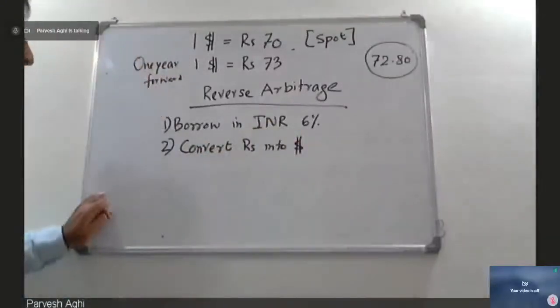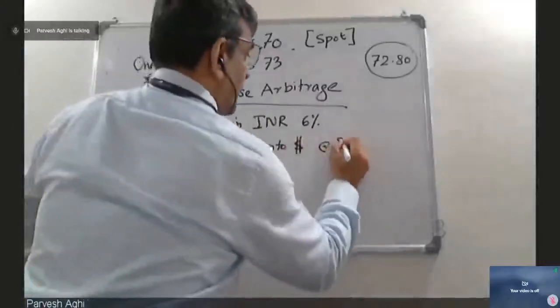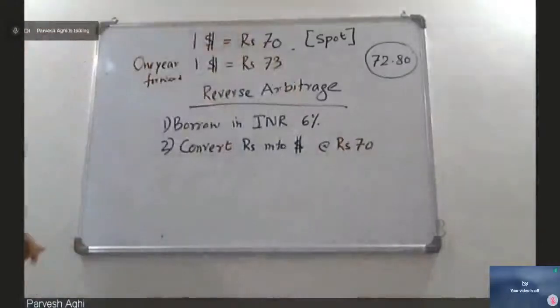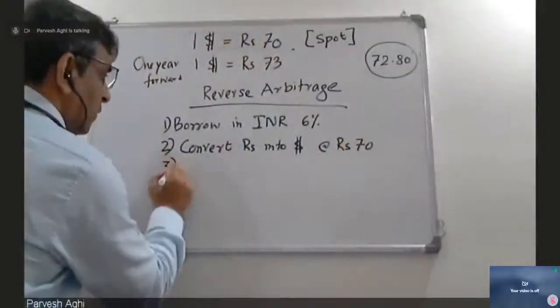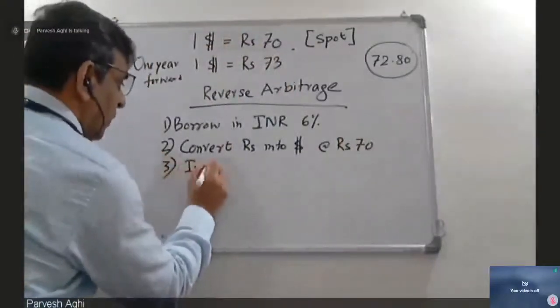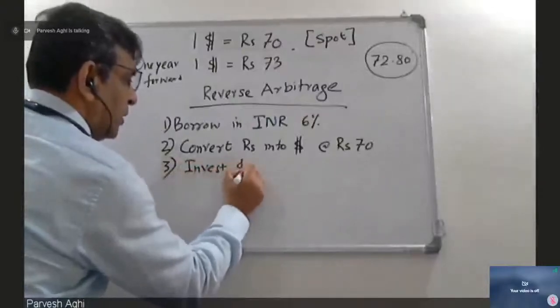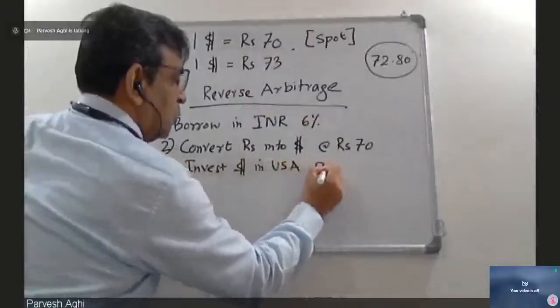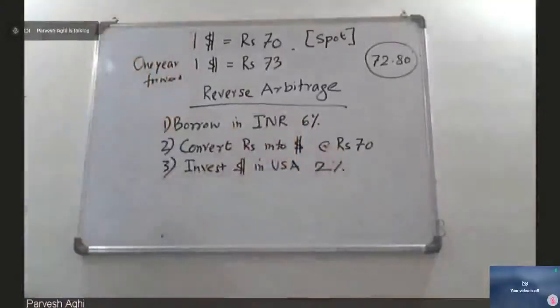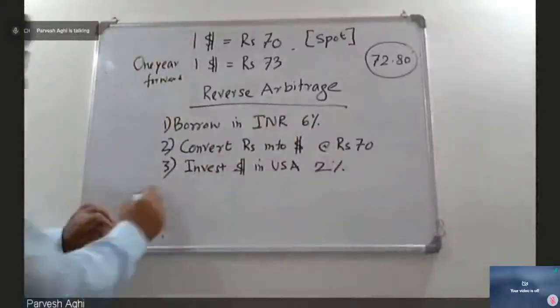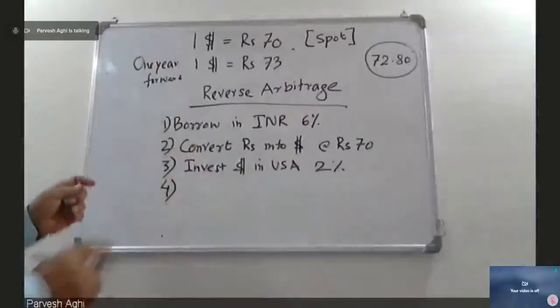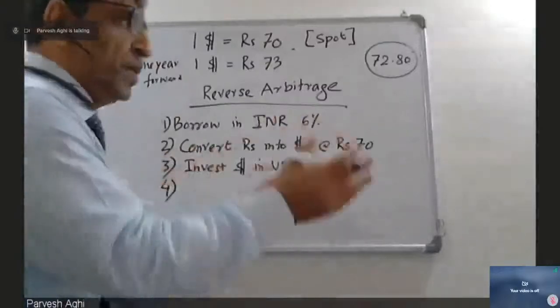Okay. At the rate of 70 rupees, which is the spot rate, you then invest the dollar in USA at 2%. And at the same time, you are going to enter into a forward contract because you have taken the money in USA.